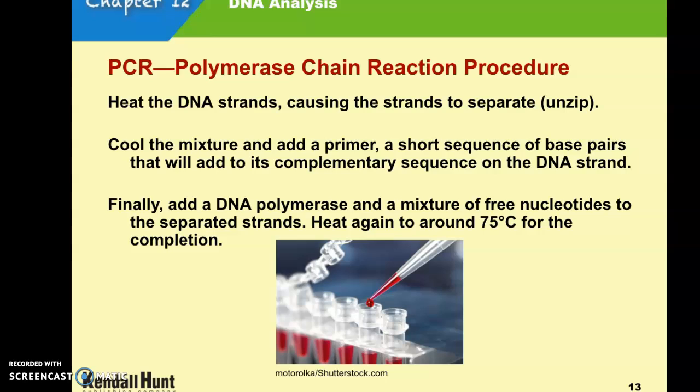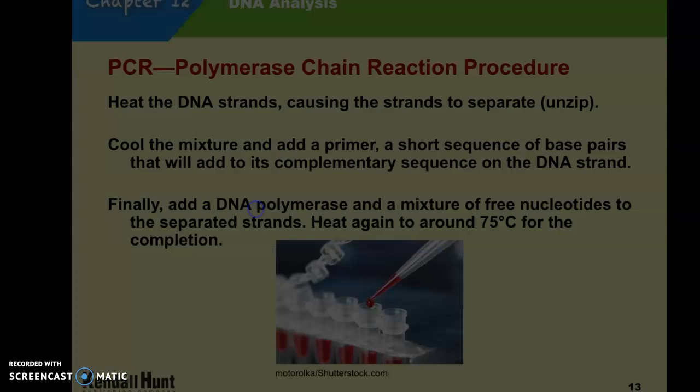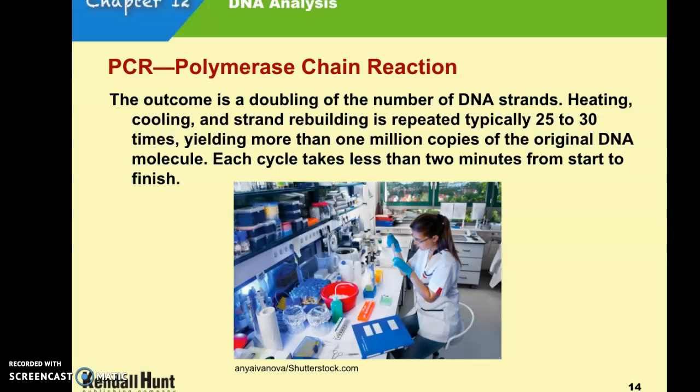You also put in extra nucleotides, and the free nucleotides will bond to the separated strands, and you heat it again for completion. Outcome is doubling the number of DNA strands. Heating and cooling and strand rebuilding is repeated about 25 to 30 times, and that yields more than 1 million copies of that original DNA molecule.